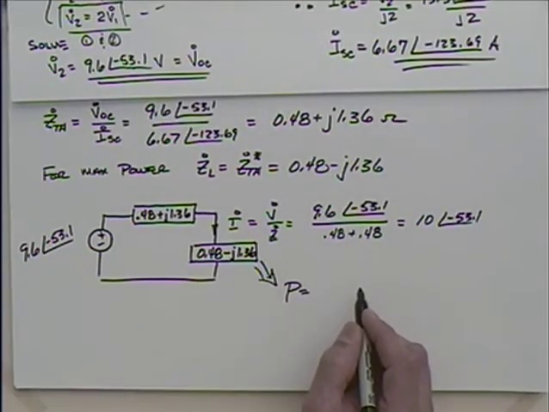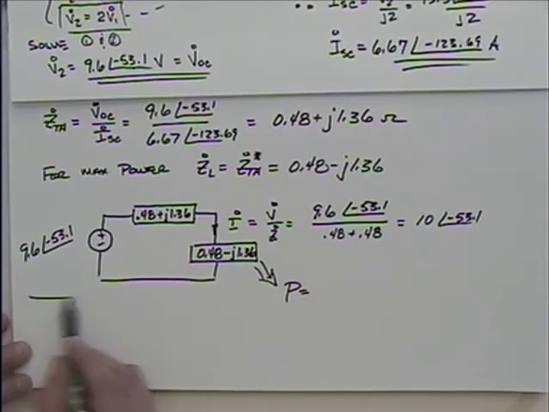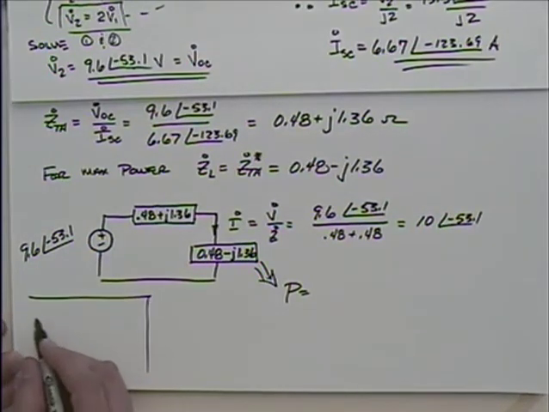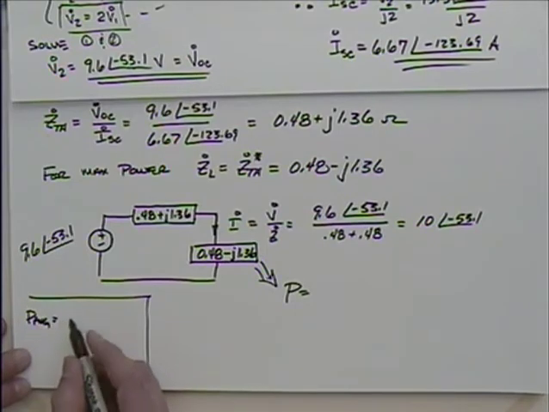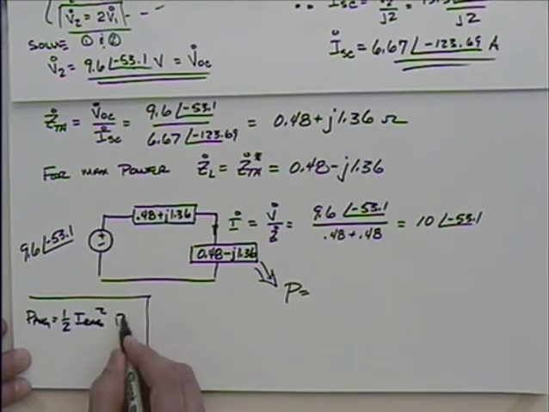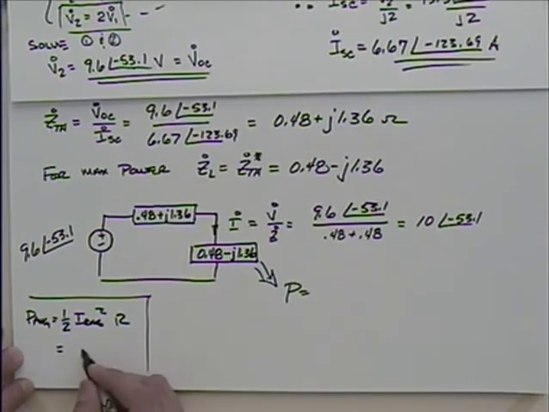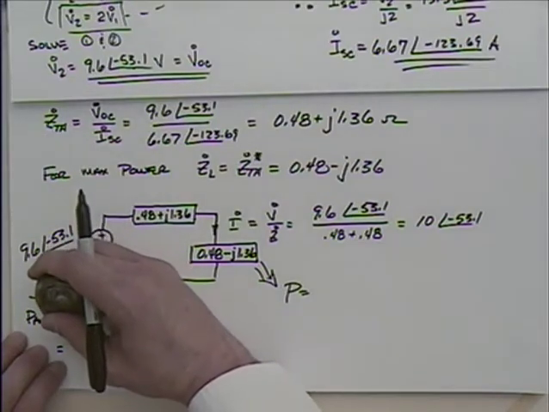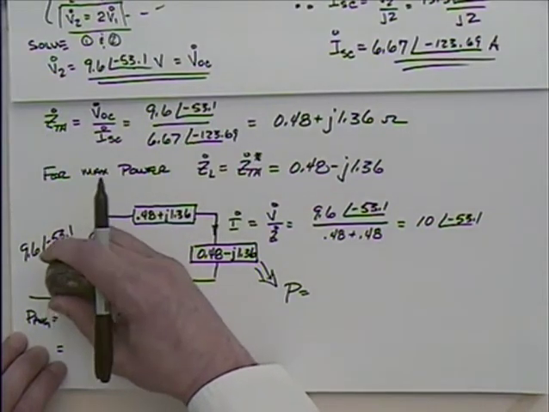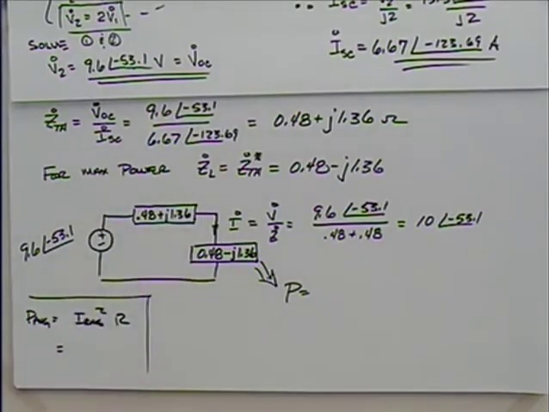is what? I guess we need to talk a little bit about power. It's been a while since we've done this. Average power is, we could say, 1/2 I RMS squared times the resistance, right? Or it's what? No, that's not right. I don't want that 1/2 there. 1/2's not in that one, is it? Yeah, because it's RMS.